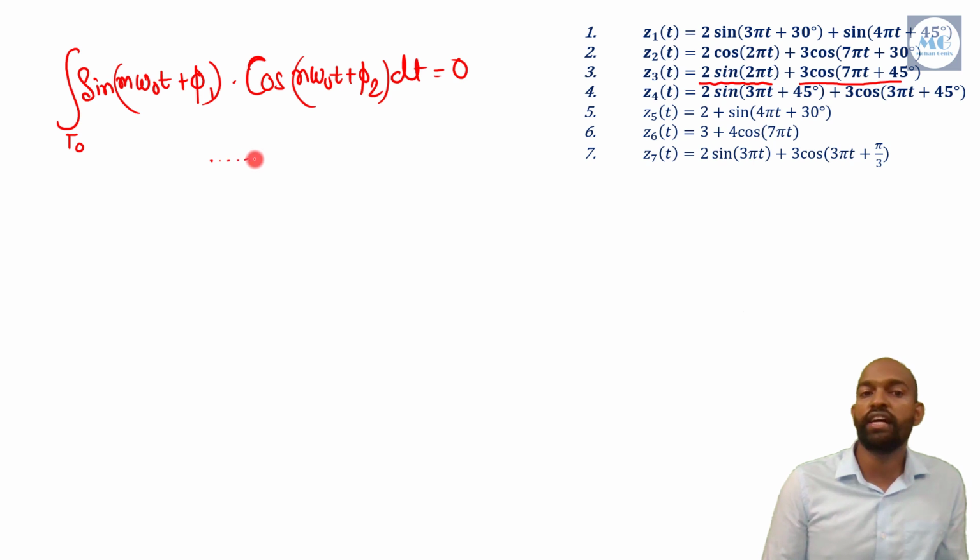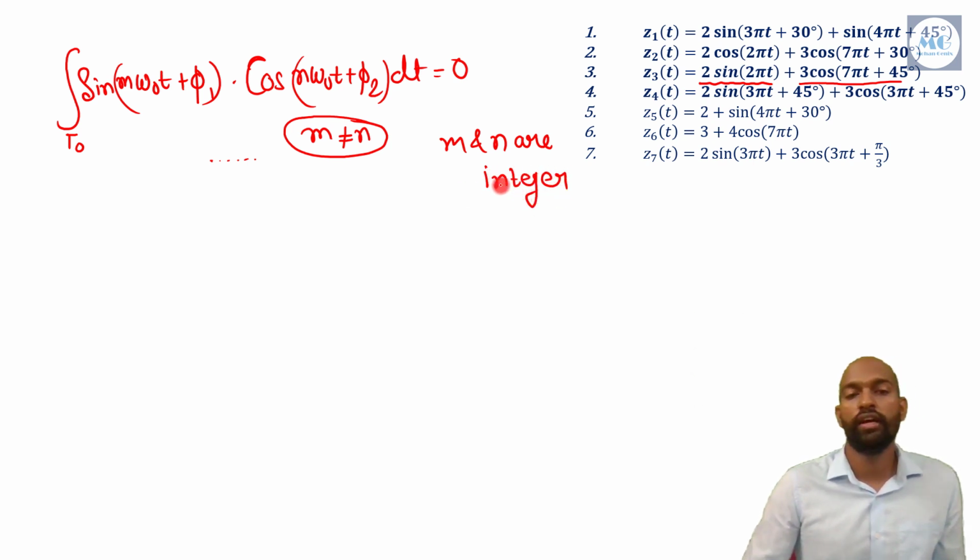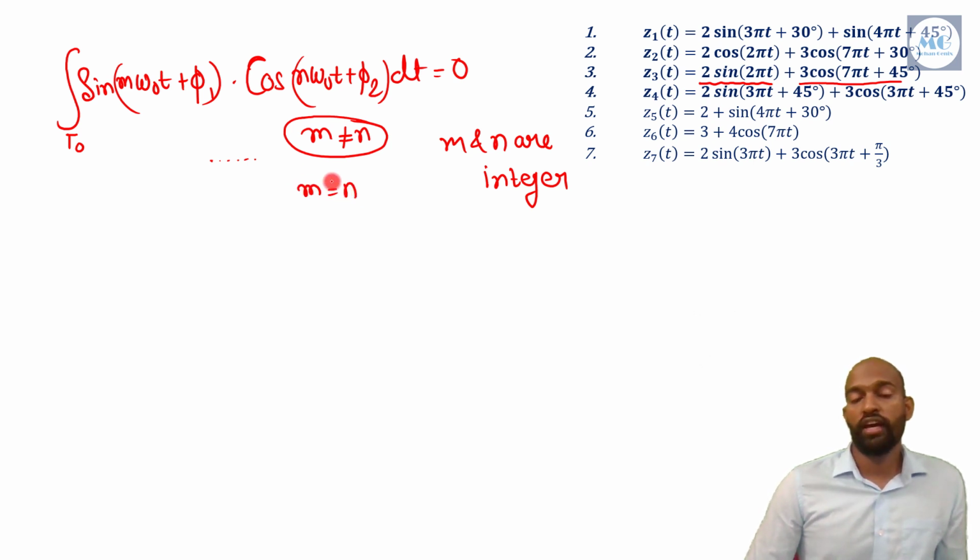Here what are the conditions? m and n should not be equal to each other, and m and n are integers, as usual in our previous both formulas. Suppose m and n are equal. Here one other condition is also there.